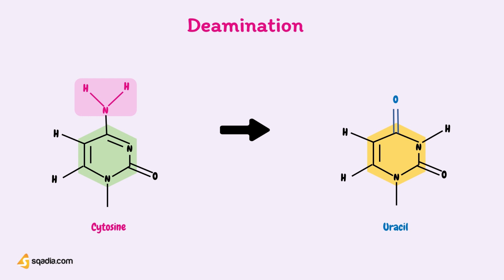Uracil is found in ribonucleic acid, but not in deoxyribonucleic acid, because uracil pairs with adenine rather than guanine. Deamination, followed by replication, may alter a cytosine and guanine base pair to a thymine and adenine pair in future generations of deoxyribonucleic acid molecules.